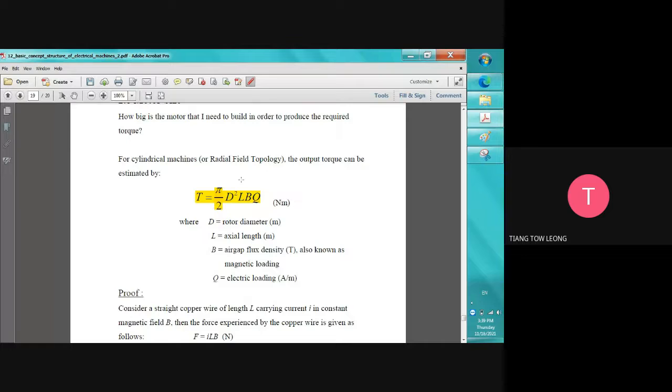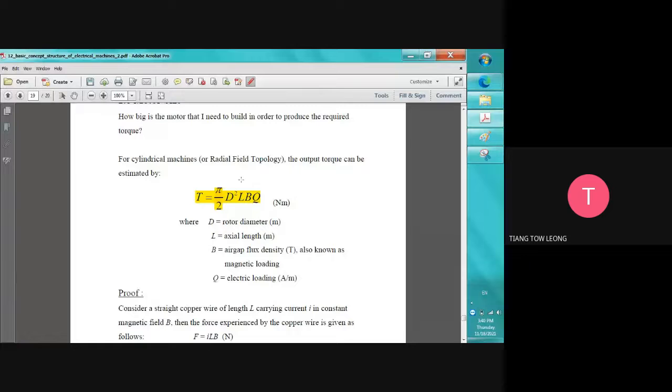Sometimes our seniors, when they went out to work, gave feedback to me asking how to start designing a motor. Actually there are a lot of methods, and usually we start from the output power we want, and then how the motor size can be allocated.